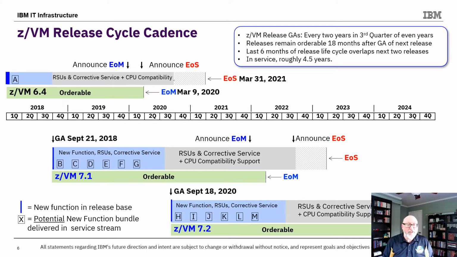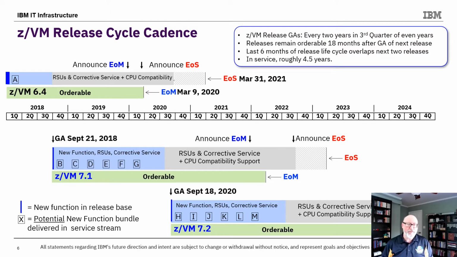We're still going to keep doing RSUs and corrective service and all that great stuff, as well as processor compatibility support when new processor families come out. But most of our focus is going to be on 7.2, right? That's what I'm going to touch on today, not just 7.2 the base, but the new function going out with it.